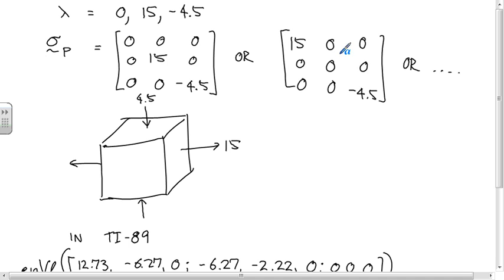Okay. I'm going to write the coordinate system to make this picture correspond to the second one. Okay, 15 would be x and minus 4.5 would be z. Right? So then, that's right. And so x would be like that. Z would be this way or the other way. And then Y would have to be this way into the board. No, I did that backwards. Y would have to be coming out of the board, wouldn't it?